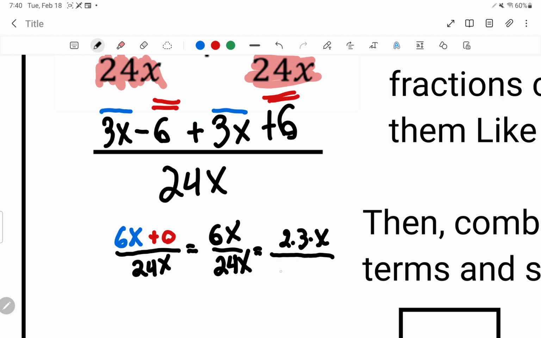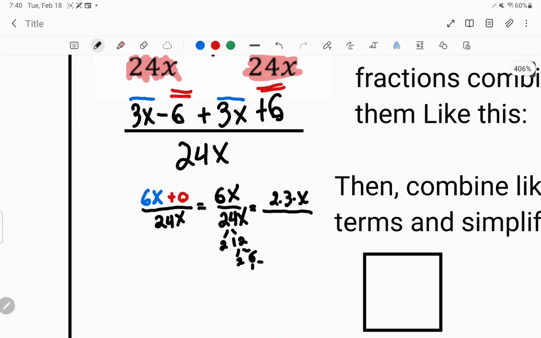On the bottom, this breaks down to 2 and 12, and then 2 and 6, and then this one breaks down into 2 and 3. We only care about the primes, so I would have 2 times 2 times 2 times 3, and then the x.